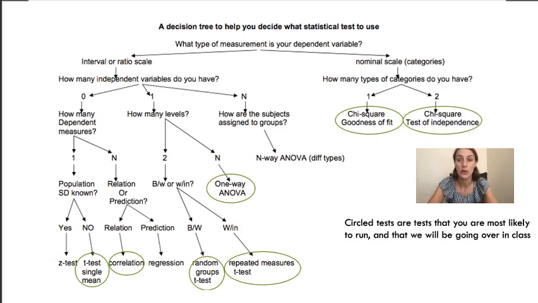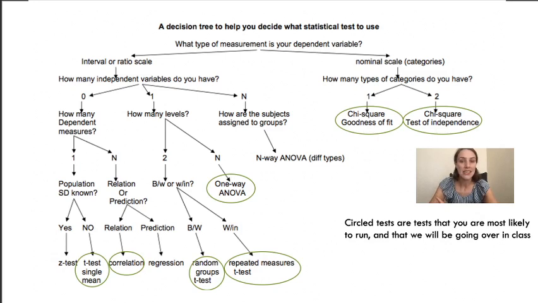If you follow the line down here, you think of how many predicting groups you have, what type of data you have as your outcome versus your predictor. And we basically fall onto a few tests that we will use for this class. I will help you determine which you need to use for your hypothesis. Many hypotheses can be tested using a combination or multitude of these tests, but these are the main ones we will talk about.